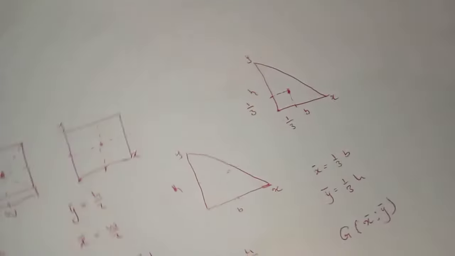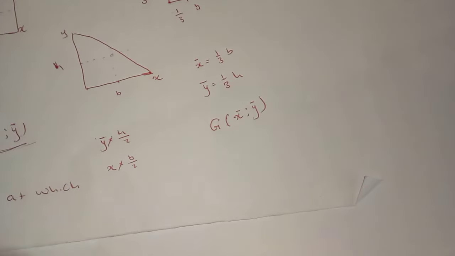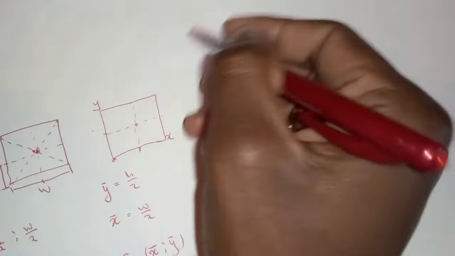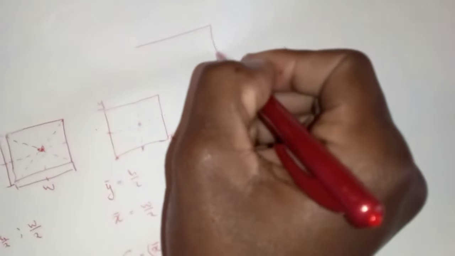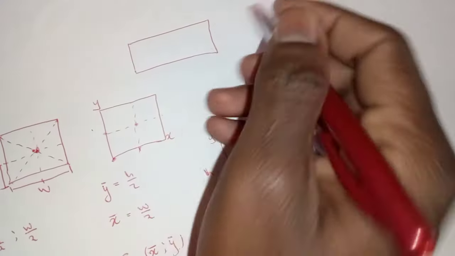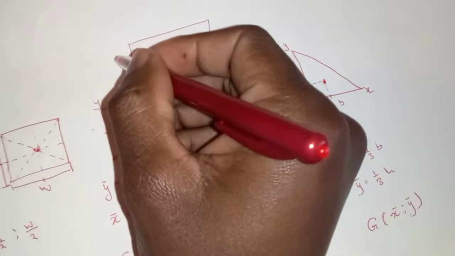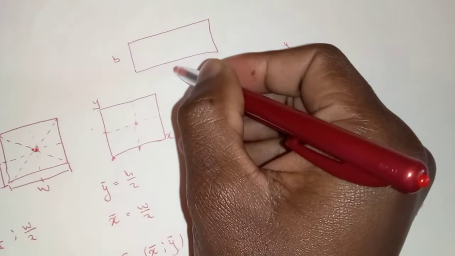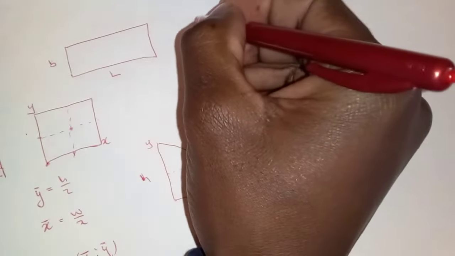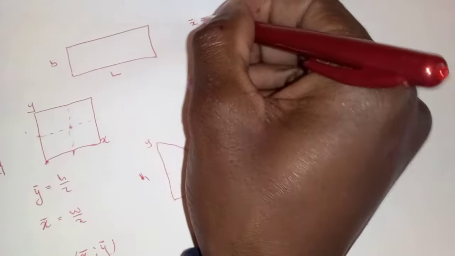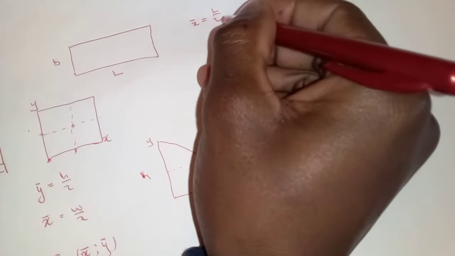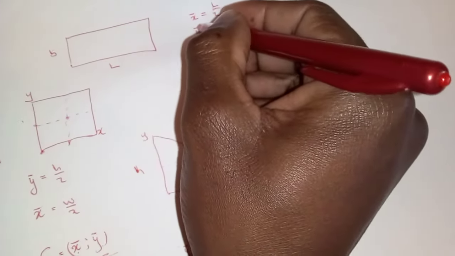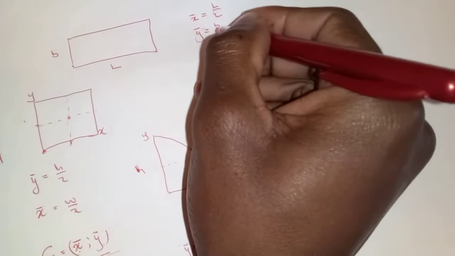So if we are dealing with a rectangle, it is something like this. From here we can also tell, if this is B and this is L, our x bar is equal to what? L divided by 2. And our y bar is equal to what? B divided by 2.